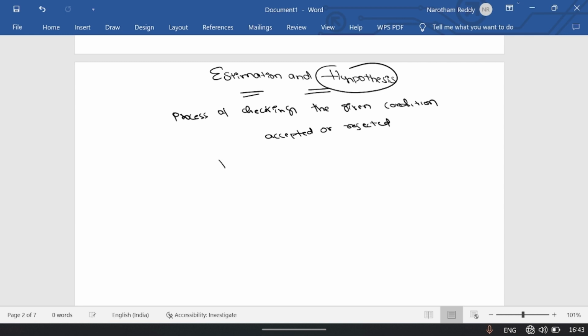For example, it is given that all ages of boys in a class are equal. We have to check whether this given condition is accepted or rejected by using a hypothesis test.